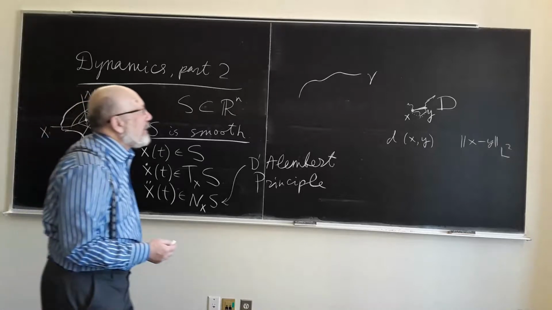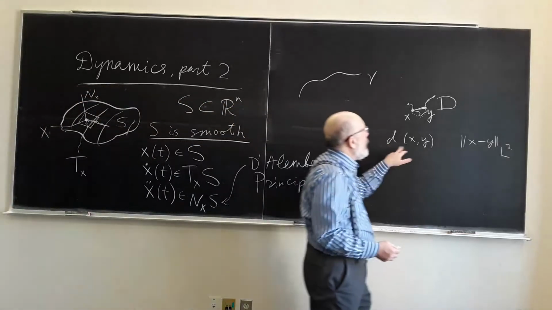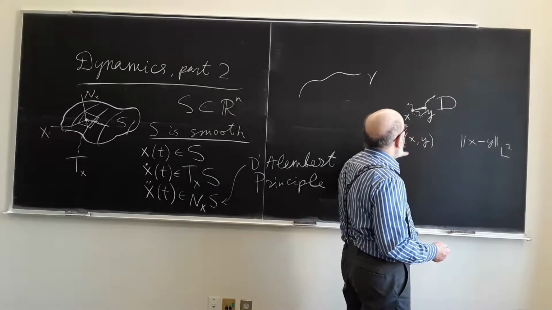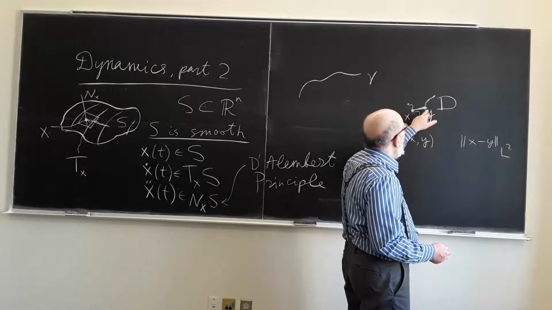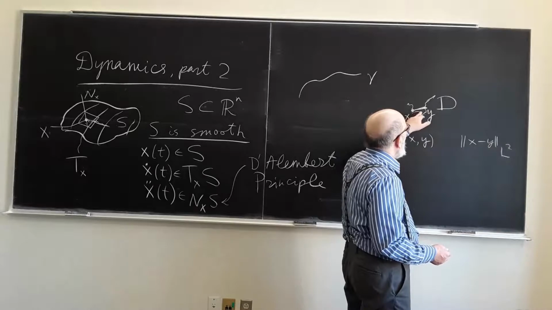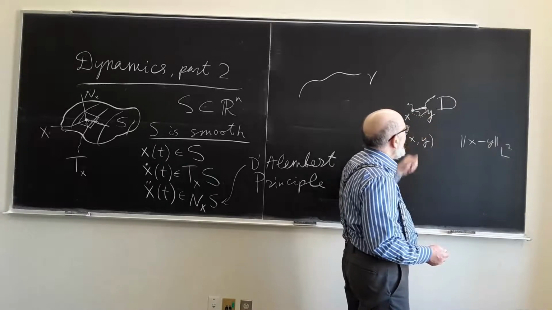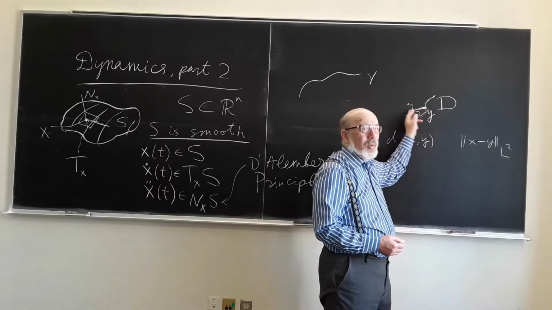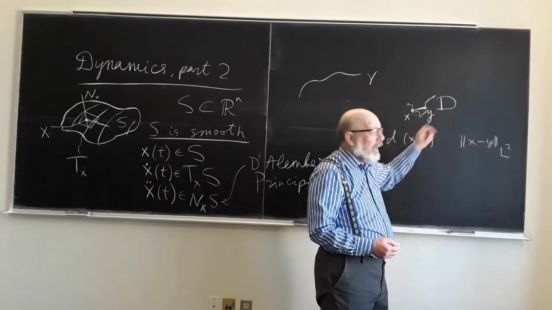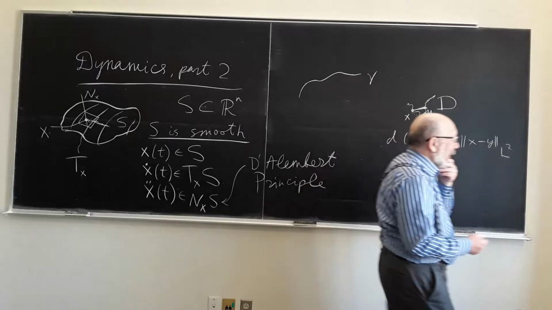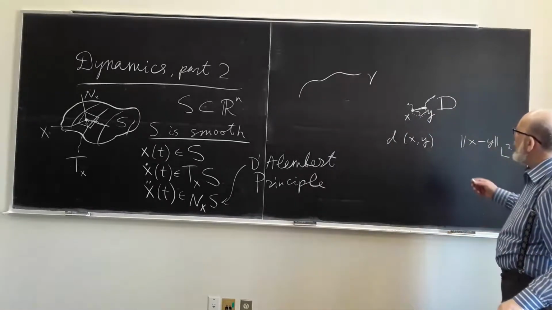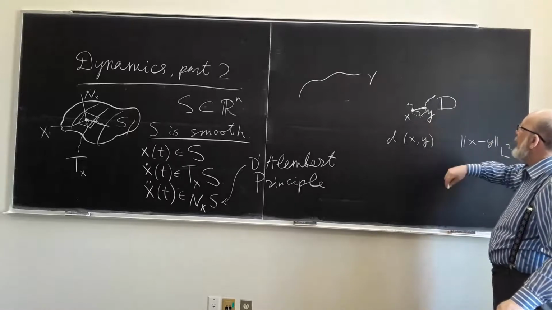And what can be said about relations between these 2 distances? Now, it's clear that D of xy, the distance if you go along our set, cannot be smaller than the distance if you go straight from x to y. But can we say something more positive? Is it at least finite?